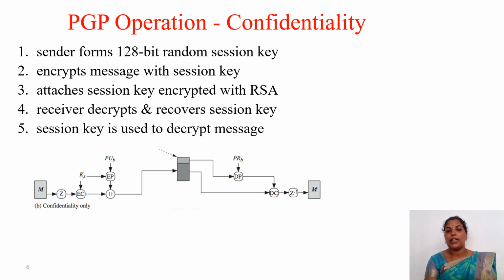See here, the session key is used for the encrypted message, and here the RSA crypto system is used. Then they send it, and the receiver decrypts and recovers the session key. Using the session key, the receiver decrypts the message. Finally, the receiver gets the message M.